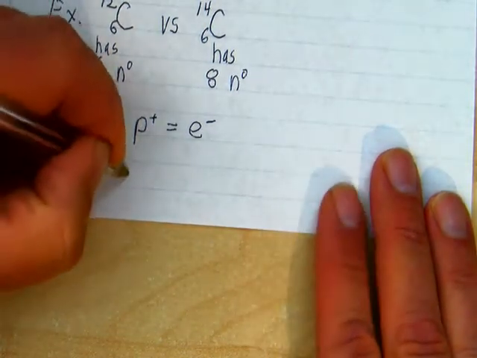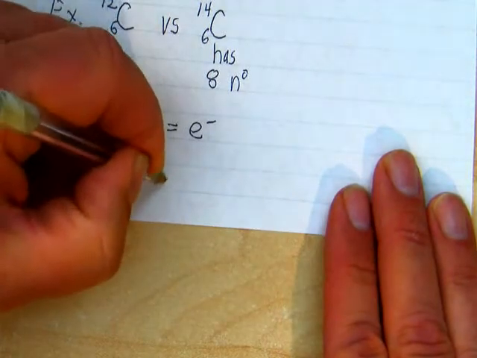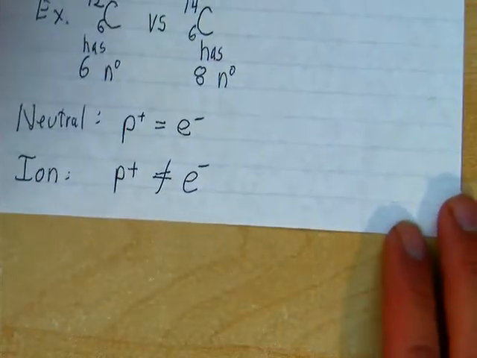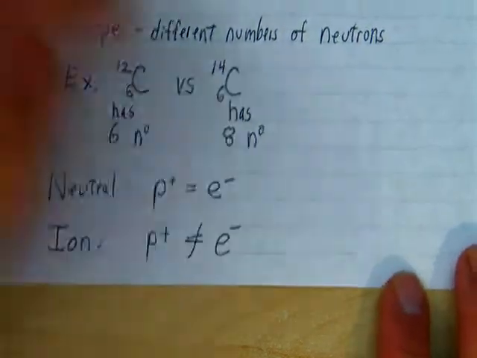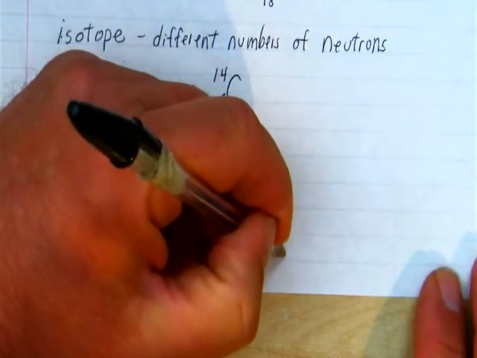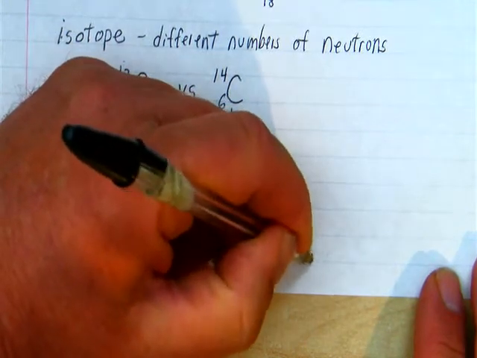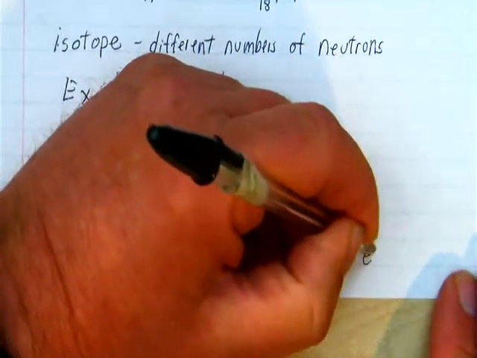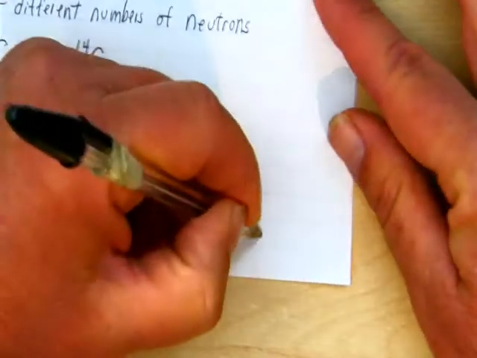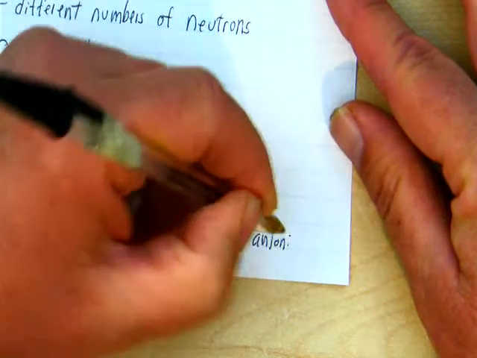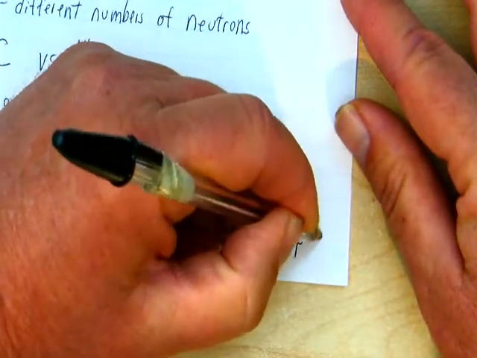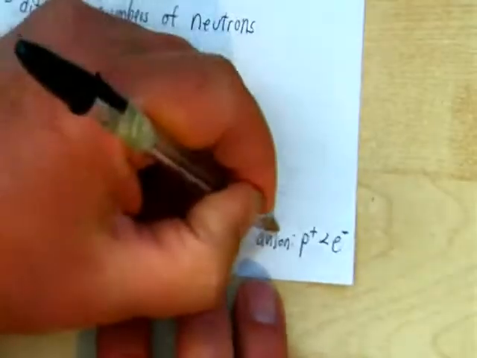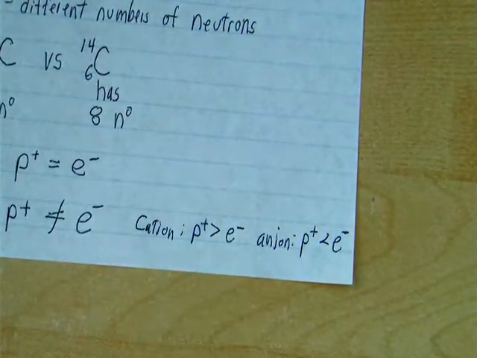The number of protons is not equal to the number of electrons. And then we even had a little bit of finesse to that and said, well, a cation is when the number of protons is greater than the number of electrons, and the anions are where the number of protons is less than the number of electrons. So imagine that I wrote the word anion there.